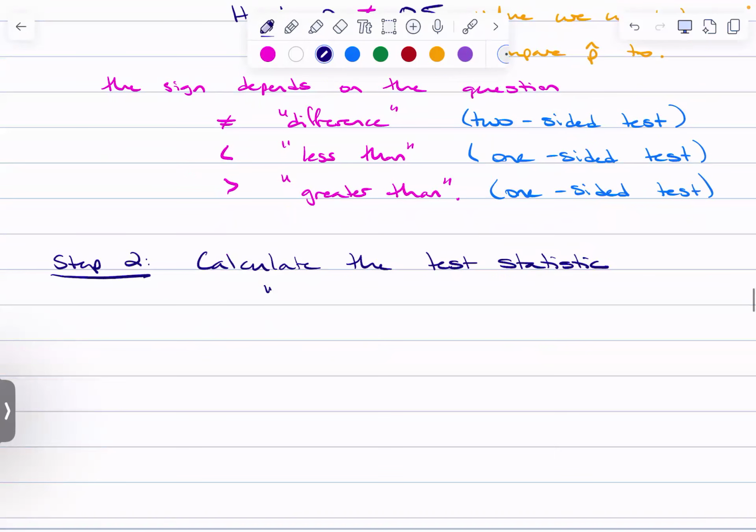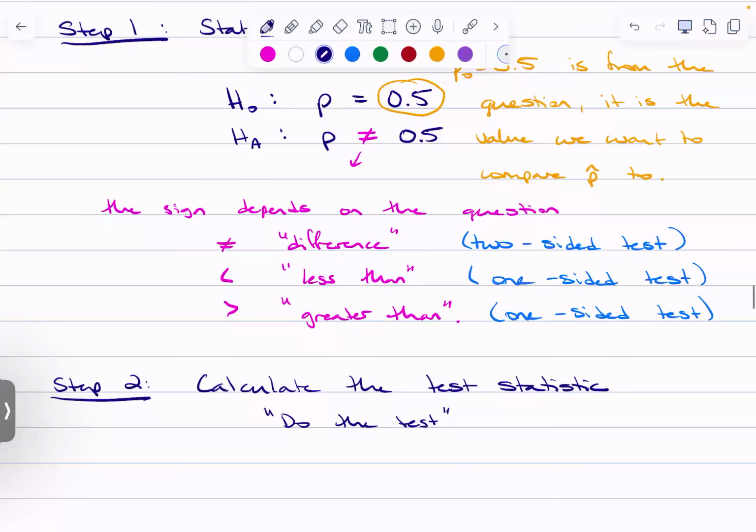I often call it do the test. Do the test, do the do. Because it's quicker than saying calculate the test statistic. But, okay, test statistic.